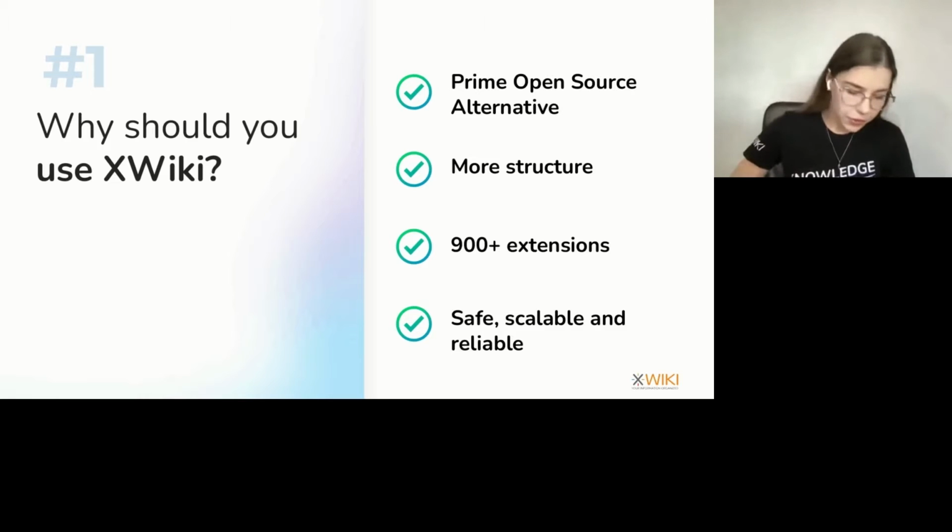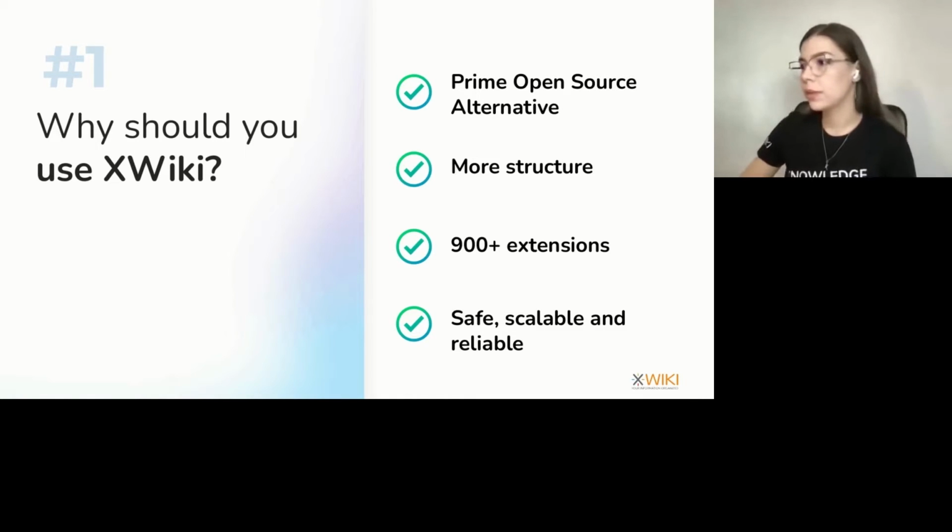Okay, so first things first, when considering migrating from Confluence to XWiki, it's important to know why you would choose XWiki, or why you would use XWiki in general. The first reason is that XWiki is a prime open source alternative to Confluence.